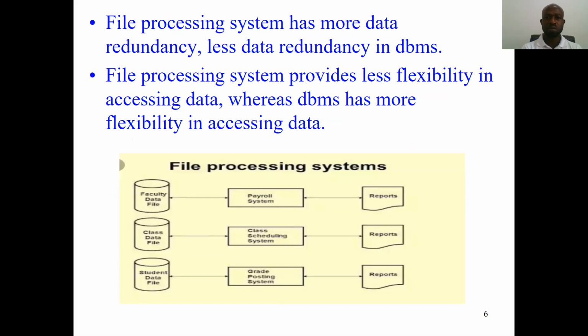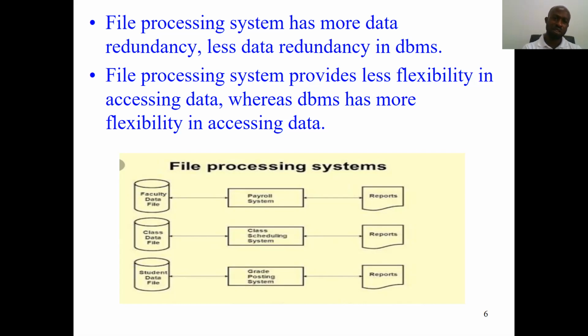File processing system has more data redundancy as compared to database management system that has less data redundancy. And we'll talk about these things in detail. The file processing system also provides less flexibility in terms of accessing the data as compared to the DBMS, which has more flexibility in accessing the data.